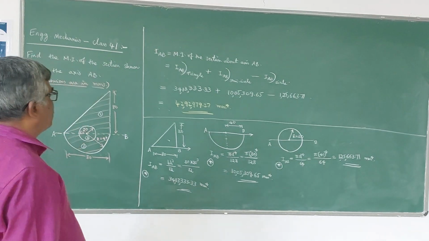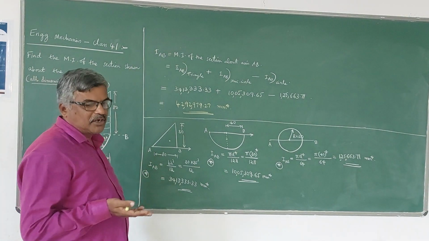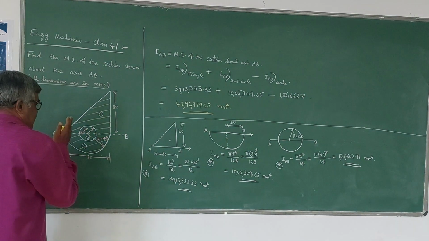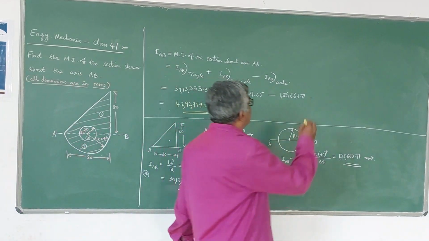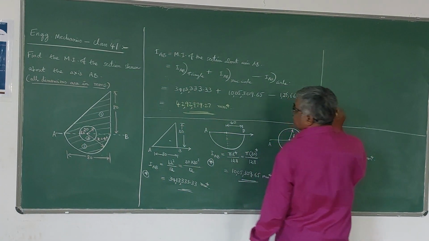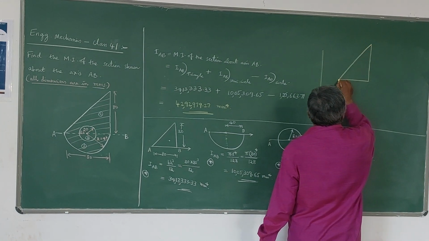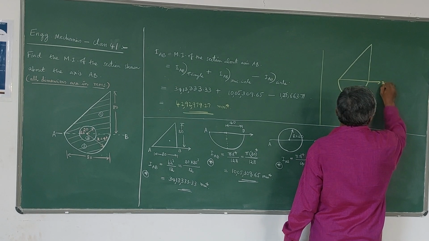In the same problem, if he continues to ask also to obtain the moment of inertia of the shaded region about its horizontal centroidal axis, it will be something like this. You can see here the diagram is like this. This is the AB axis.